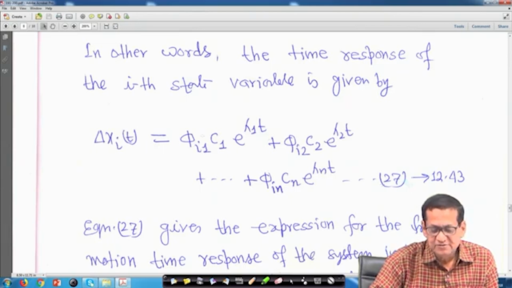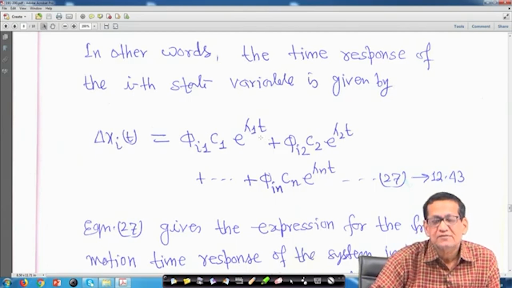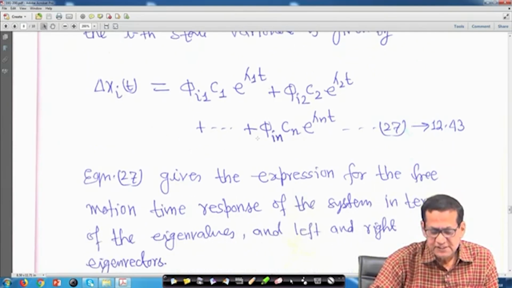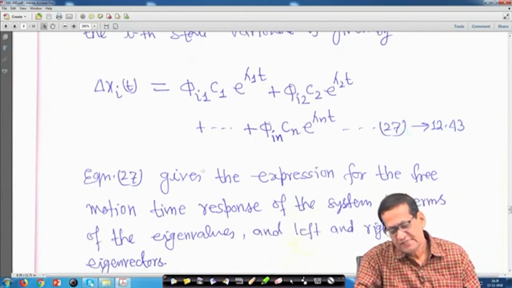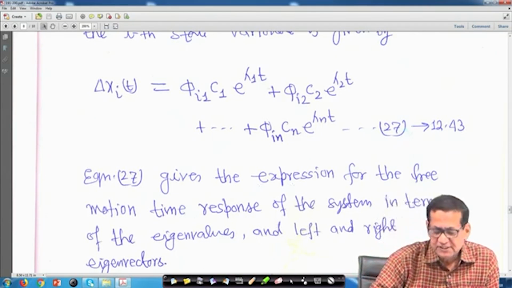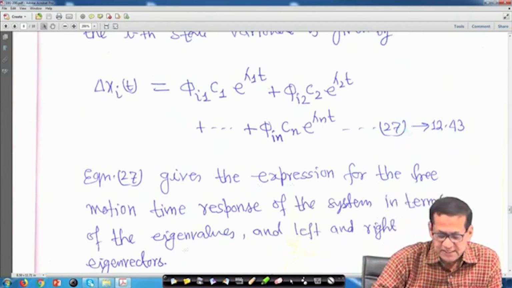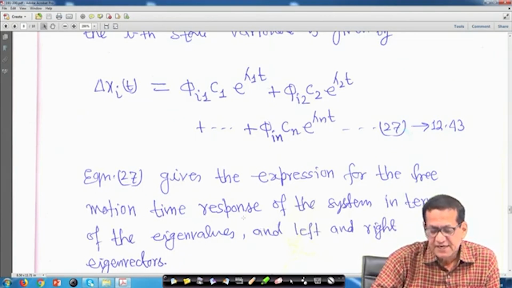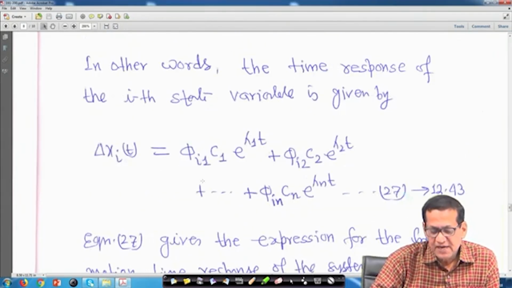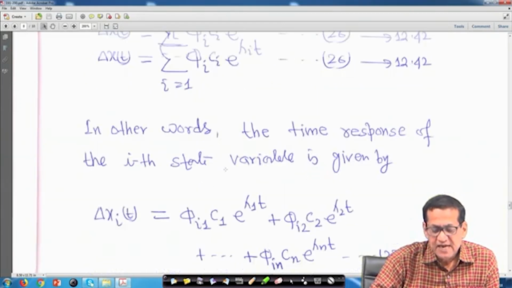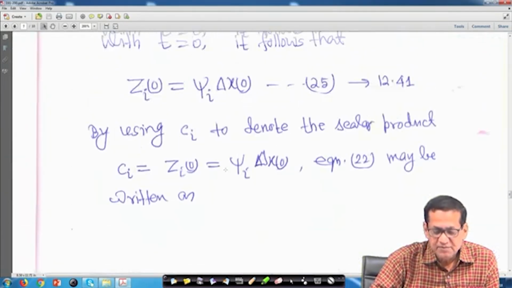Then the response depends on all the eigenvalues, it is a function of all the eigenvalues. Now, equation 27 gives the expression for the free motion time response of the system in terms of the eigenvalues and the left and right eigenvectors. Phi is the right eigenvector, and the constant C is also a function of psi i.